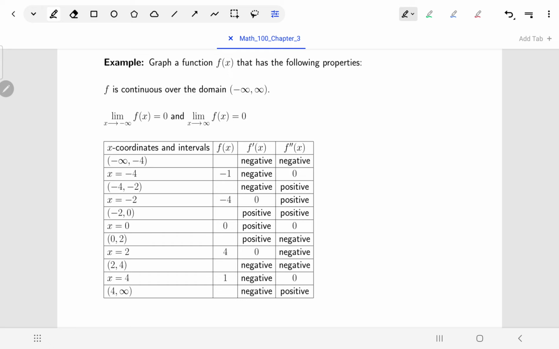That should be nice. The other thing that we know here is we're told in terms of limits that as x goes to negative infinity, the limit is 0, and same thing as x goes to infinity. So that's, in other words, telling us that we're going to have a horizontal asymptote y equals 0 on both sides.